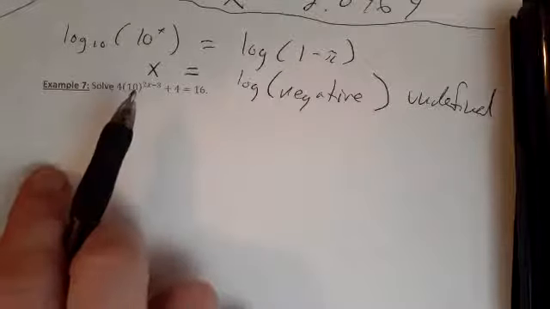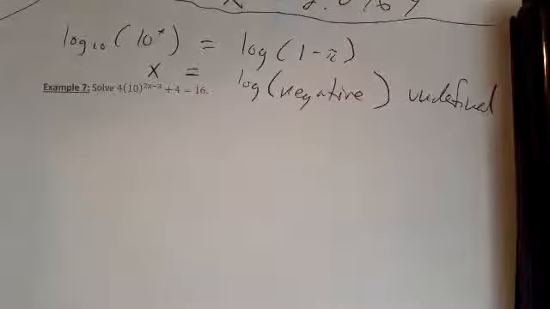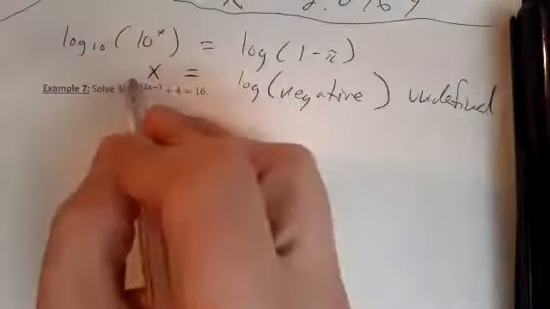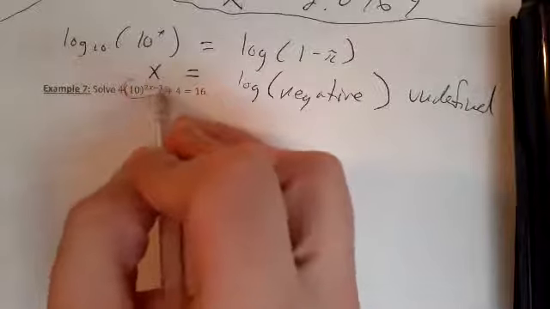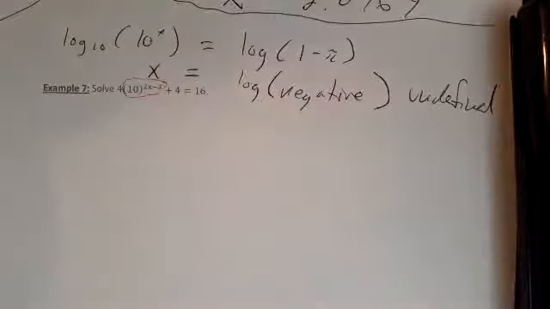Let's look at this. It says 4 times 10 to the 2x minus 3, plus 4, equals 16. So there's this big ugly stuff, but hopefully you notice what differentiates this from the previous problems: in the previous problems we had just that exponential thing by itself. In this problem we have other things tacked on to it.